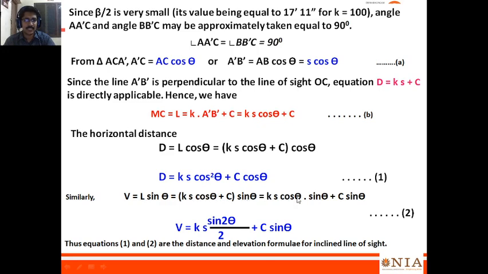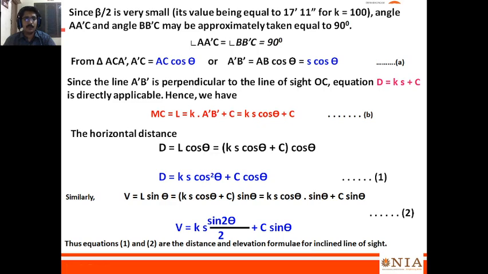So Ks cos theta sin theta plus C sin theta. This you may remember, 2 sin theta cos theta is equal to sin 2 theta. Here the 2 is left out, so sin 2 theta by 2, right? So the V is equal to Ks sin 2 theta by 2 plus C sin theta. So thus 1 and 2 are the distance and elevation formulae for the inclined line of sight.